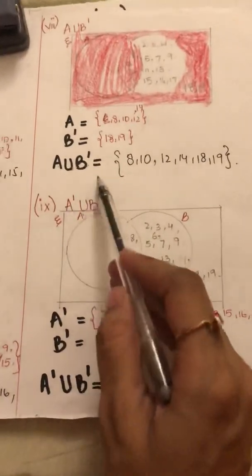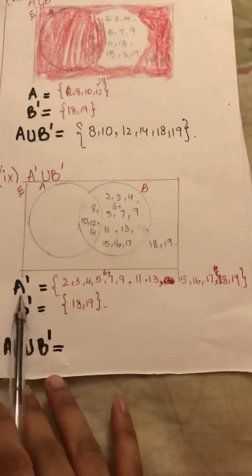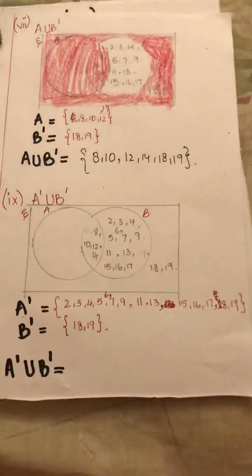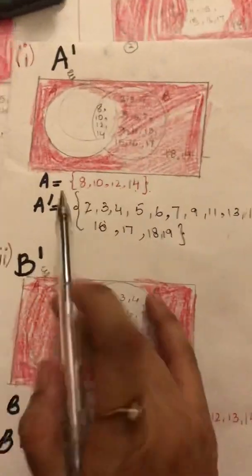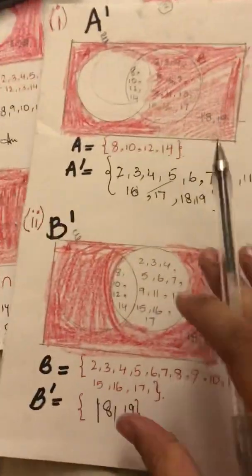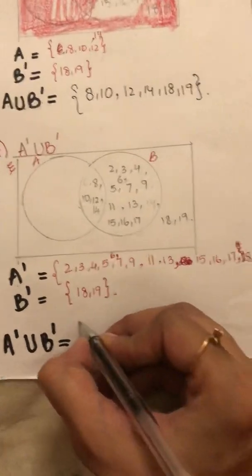Okay, now it says A complement union B complement. What is A complement? We already extracted A complement, and we had also found the elements of B complement earlier. So we are going to do the union of these two.